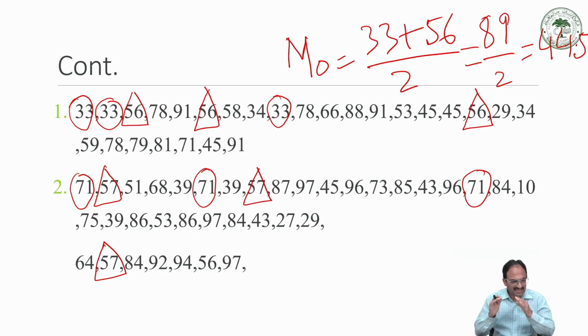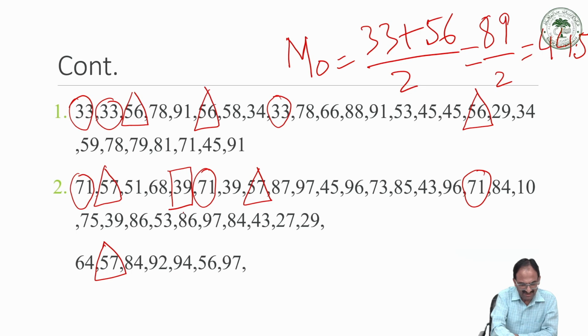Now see it minutely. Is there any other number which is also repeating itself? So yes, and that number is 39. So I am making a rectangle like this.